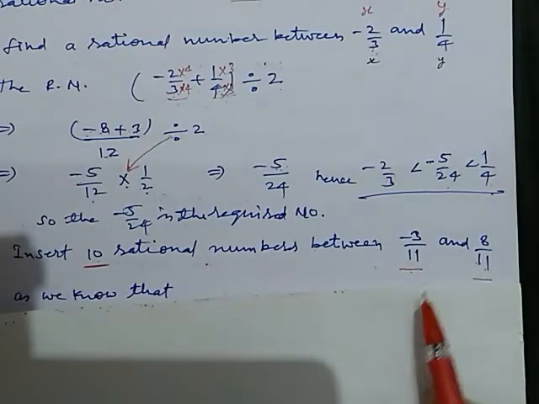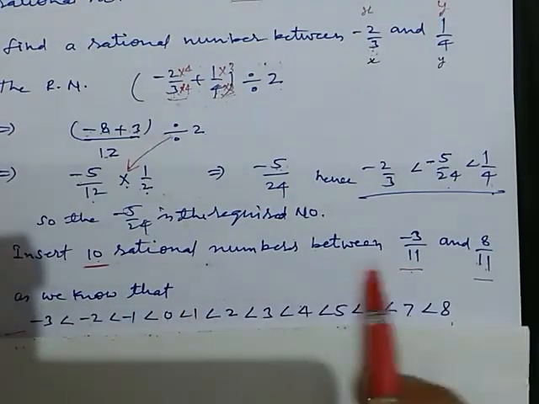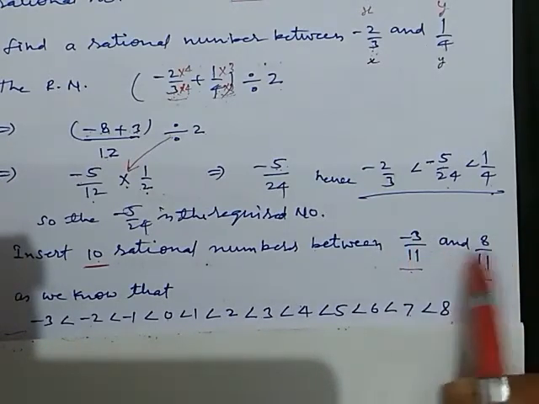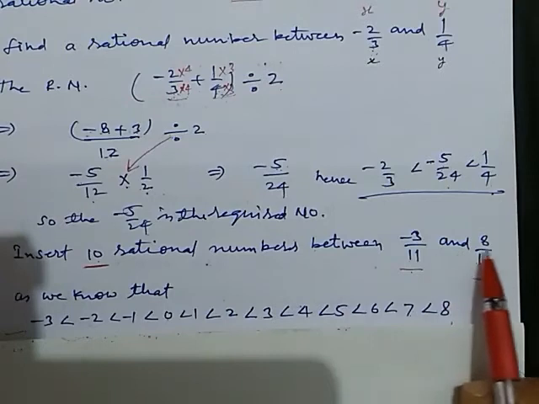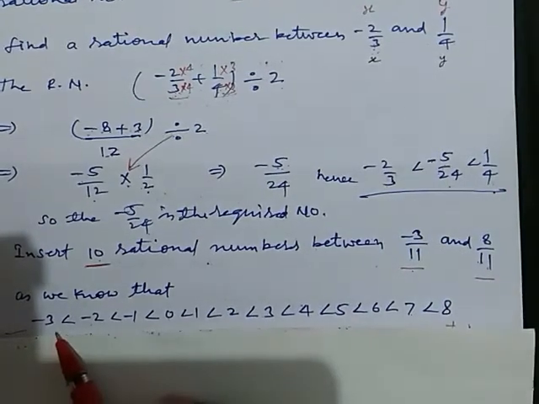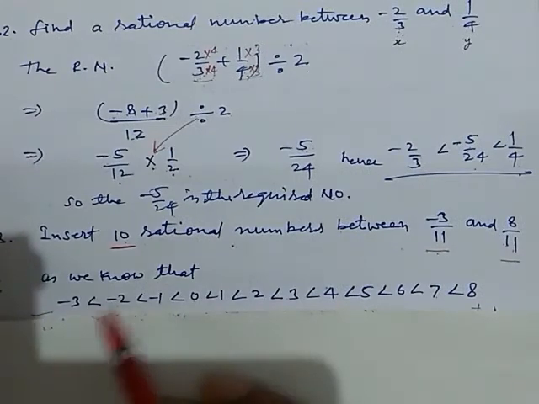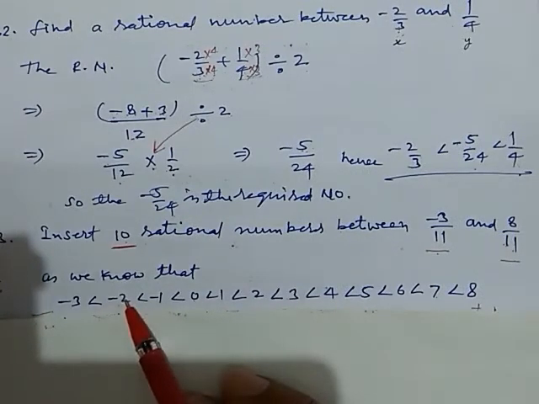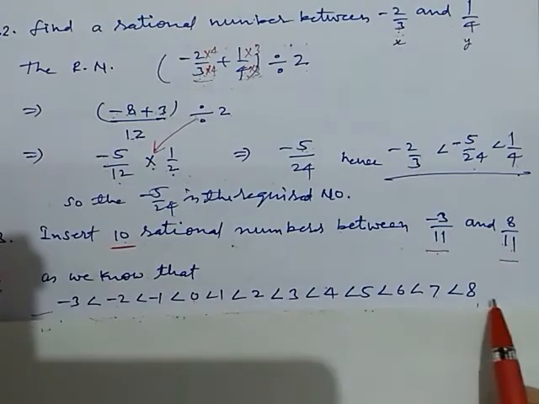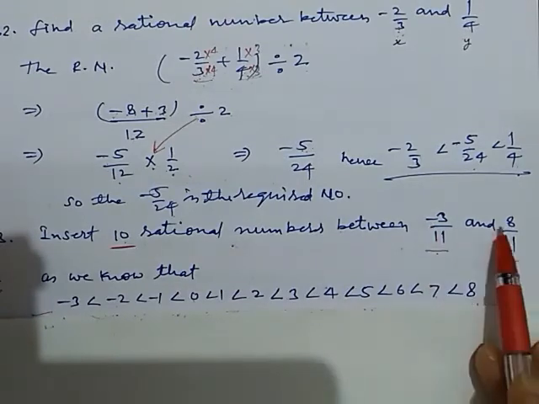We know that going to the right side of minus 3, minus 3 is less than minus 2, minus 2 is less than minus 1, minus 1 is less than 0, and 0 is less than 1. Like this, these are the numbers in between minus 3 and 8.